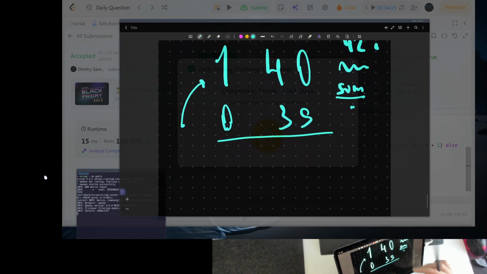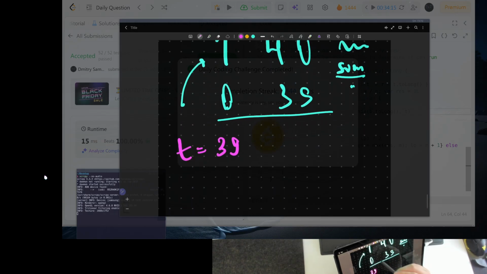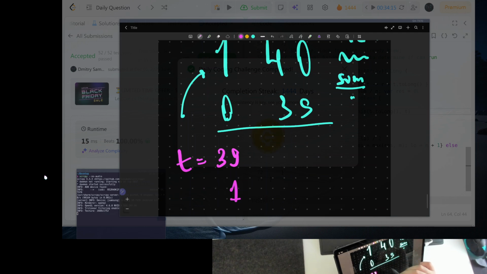So, for example, you have to test T equals 39, and in this case, from 1 you can only take 1, and from 40 you can only take 39, and together it is 40. Yes.